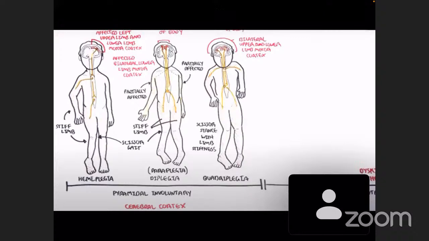So in spastic hemiplegia, one side is affected, both your upper limb and your lower limb. And for spastic diplegia, that is also called paraplegia, there will be more involvement of the lower limb and the upper limb is partially affected. In quadriplegia, all four of your limbs are affected.